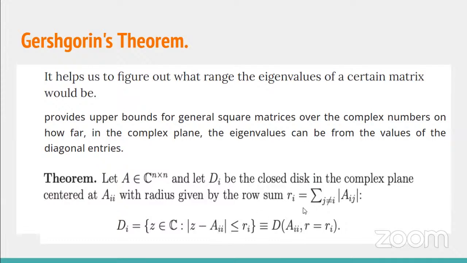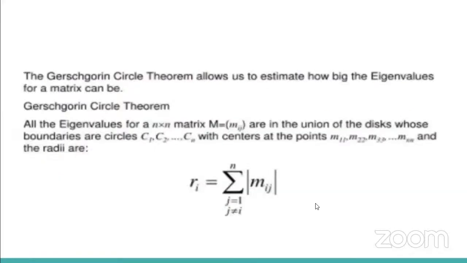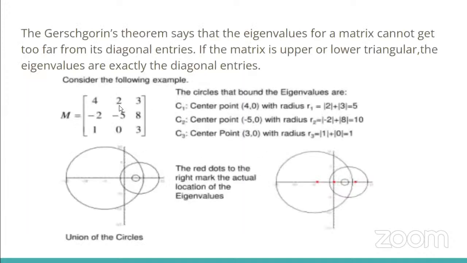There are lots of diagrams here, so I think from the diagrams we'll better understand the theorem. This is what our r signifies: the sum of the absolute values of the entries of the first row. We have a matrix, and it's saying the sum of the entries of the first row.